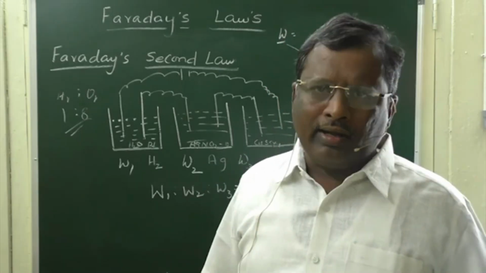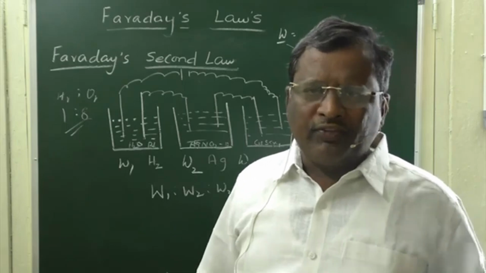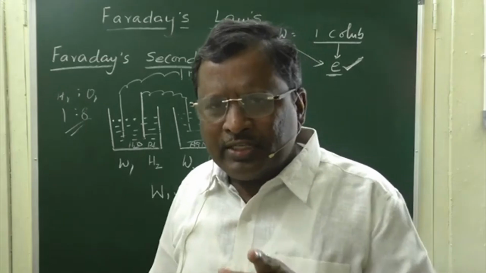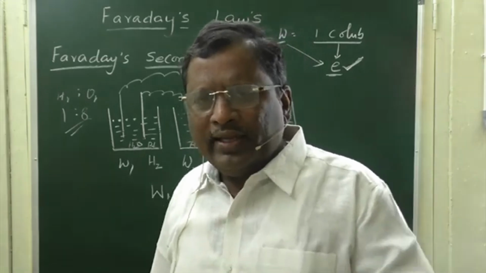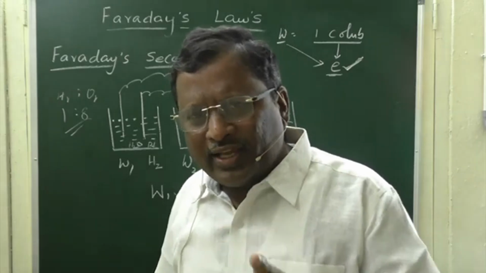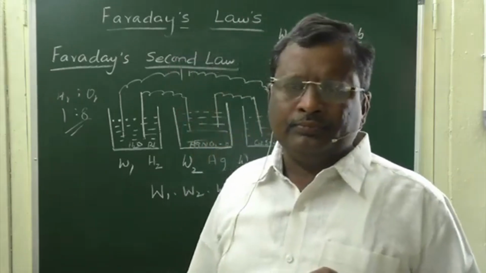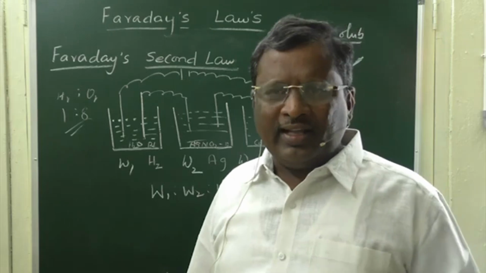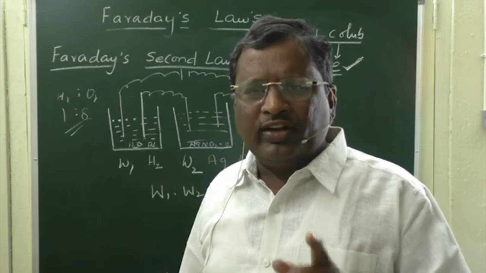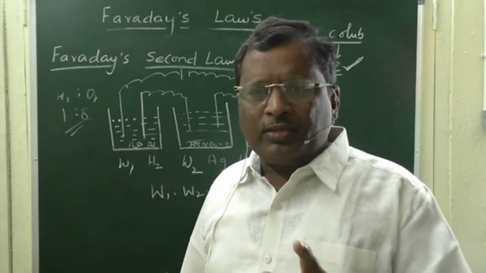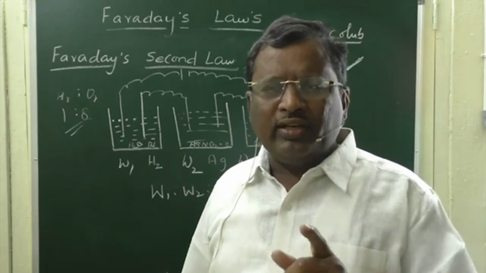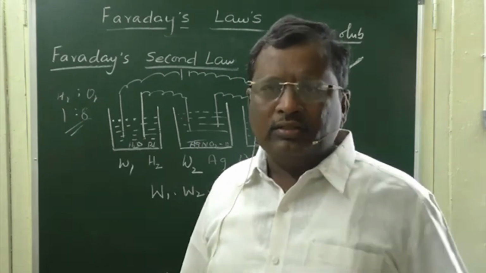This is Faraday's second law. In Faraday's first law, what did he say? The weight of the substance in grams deposited at an electrode is directly proportional to the quantity of electricity passed through the electrolyte. In the second law, he says that when the same quantity of electricity is passed through different electrolytic cells, the weights of the substances deposited at the respective electrodes are in the ratio of their equivalent weights.